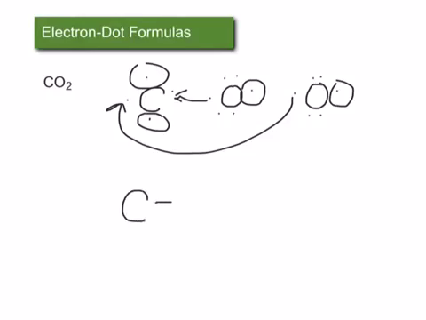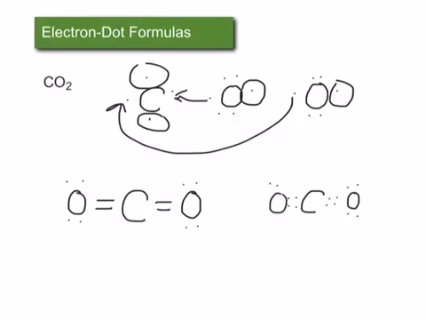So we have carbon, and it's going to share 2 electrons with oxygen. Oxygen still has its 2 non-bonding pairs. And then it's also going to share 2 electrons with this oxygen, and this oxygen will also still have its non-bonding pairs. Okay, so we could also write this as, I did it shorter for simplicity, but we could also do it as 2 dots like that.